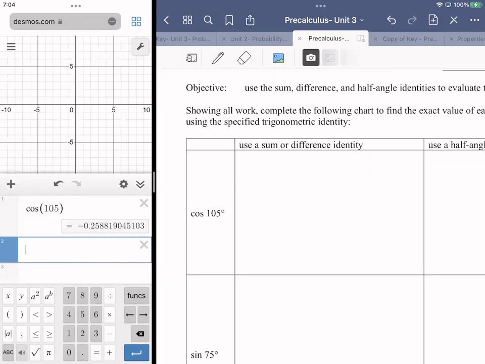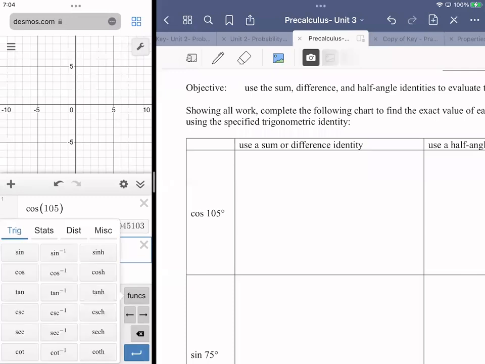Now, regardless, we could actually come up with an exact value. So something in radical form. What I tend to do whenever I'm given a trig problem and I'm just feeling lazy and I don't want to do it in my head or write out a solution, is I'll just put it into my calculator.